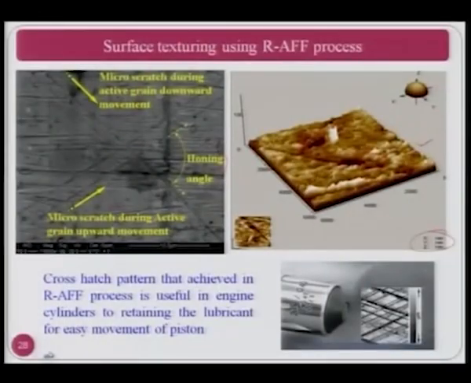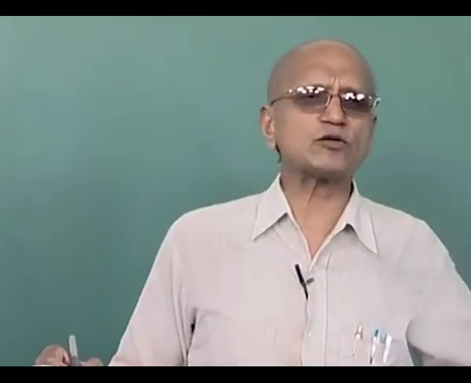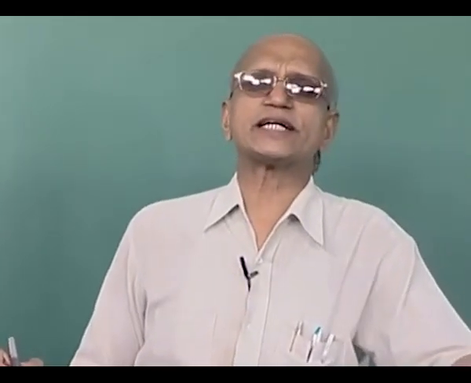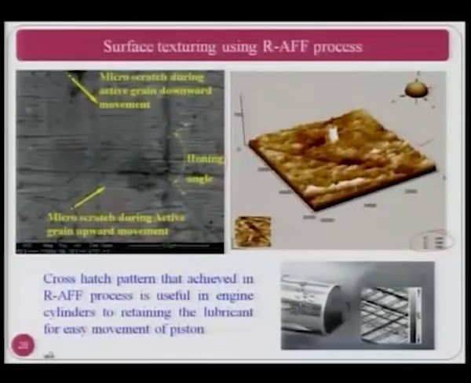In those cases, if piston and cylinder are finished by the RAFF process, because RAFF can be used for finishing internal as well as external surfaces, then they will be able to retain the lubricant, and that lubricant will reduce the friction during operation, and that is a good feature of any finished piston and cylinder.